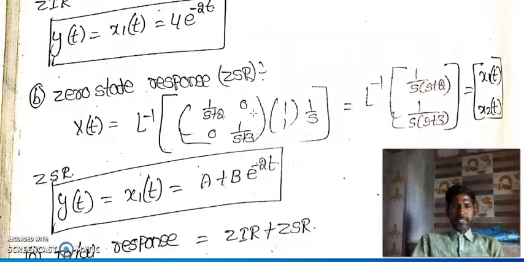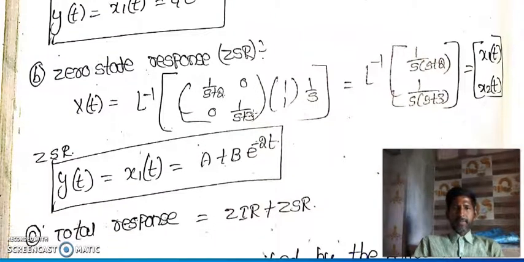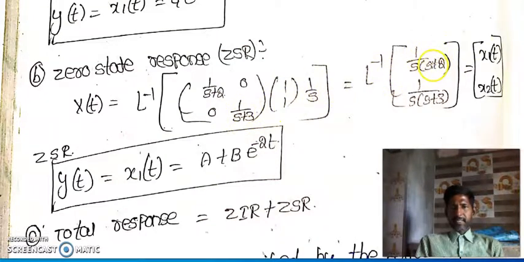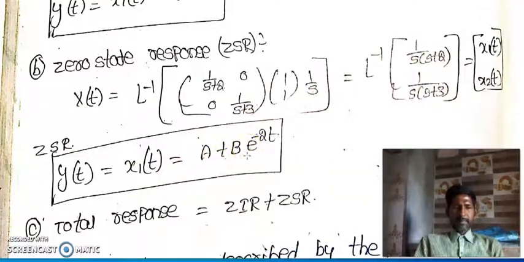This is the zero state response. If you multiply all these matrices, you get this: x1 of t, x2 of t. That is, y of t equals x1 of t, which is a plus b e power minus 2t.